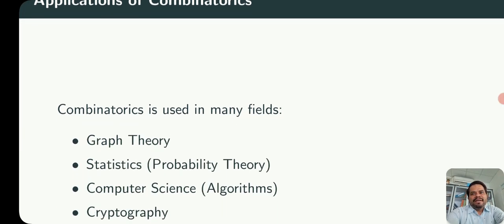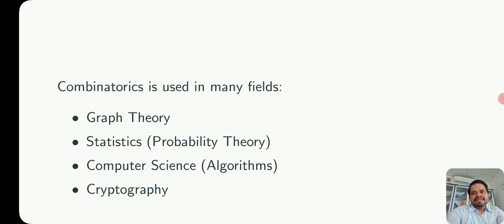Before diving into these principles, let's take a moment to understand why combinatorics is important. It plays a key role in many fields of mathematics and beyond. In graph theory, it helps to analyze networks and relationships. In statistics, it is used to calculate probability and manage large sets of data.